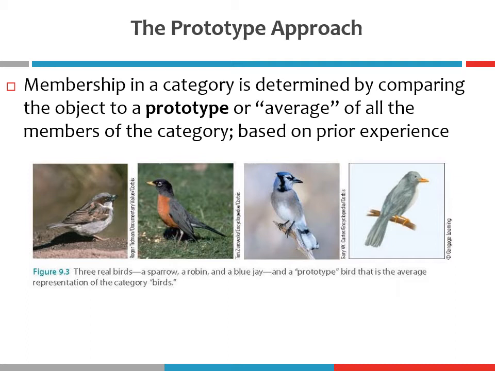If you've been exposed to three actual birds, a sparrow, a robin, and a blue jay, the prototype is going to be the average representation of those features in this particular category.